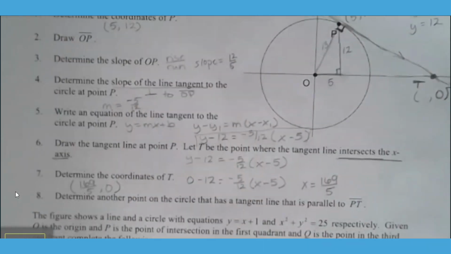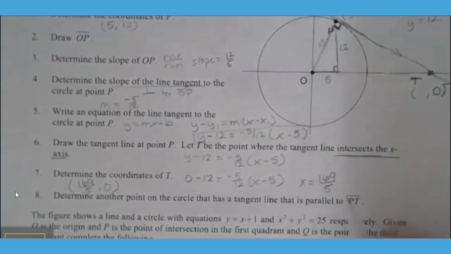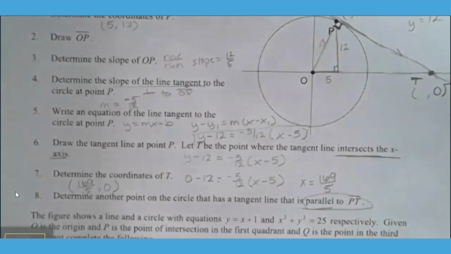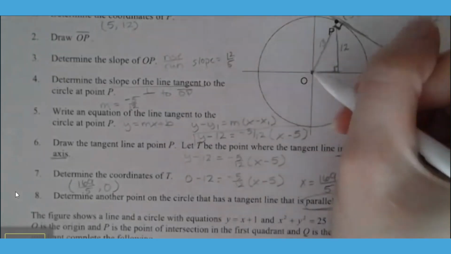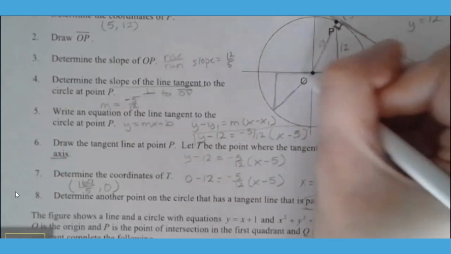To finish this portion, determine another point on the circle that has a tangent line that is parallel to PT. In order for a line to be parallel, they need to remember that those slopes must be the same. So for my slopes to be the same, I know that I have to have the same rise over run.